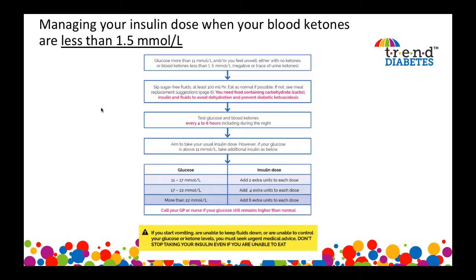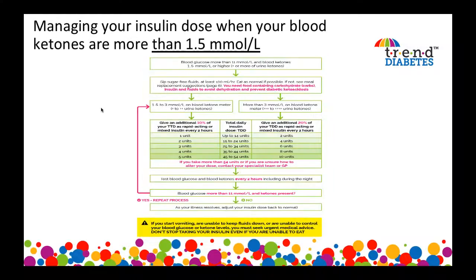So if we go on to the next algorithm, this is where the person learns how to manage their insulin dose when the ketones are more than 1.5. Again, we've got that glucose reading, but we're now going to still carry on with fluids, but test every 2 hours. So lots of fluids, test every 2 hours.